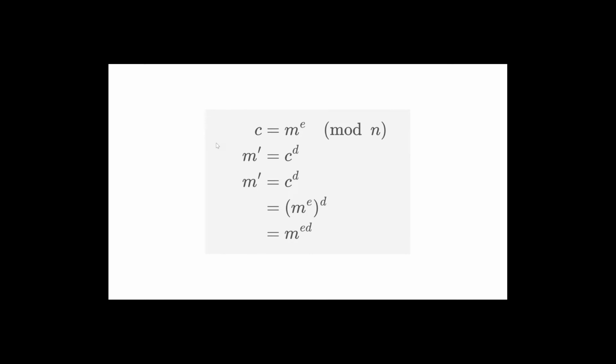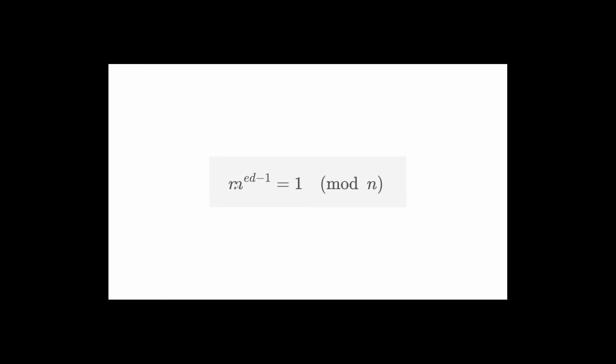So M power E power D is the same as M power E times D. And we still haven't proven anything, but the goal here is to prove that that is the same as M. So if we remove one M factor, so we divide basically by M, we would say that we are trying to prove that M power ED minus 1 is equal to 1. We basically divide by M on each side, modulo N, of course. Right?